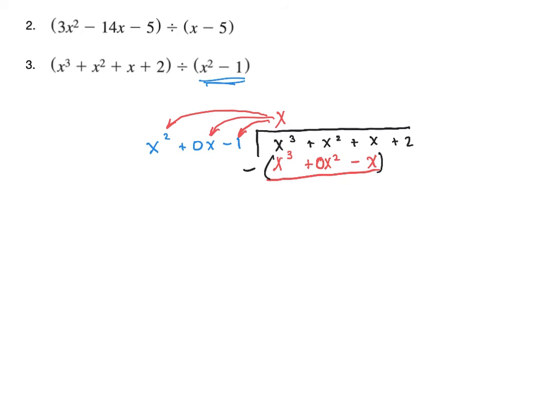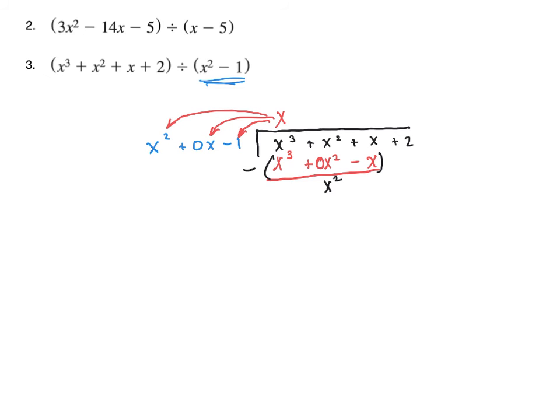And so we get x cubed minus x cubed, well that's 0. x squared minus 0x squared, so that just stays as x squared. We've got x, and it's going to be distributing, so it's going to be an x plus x.